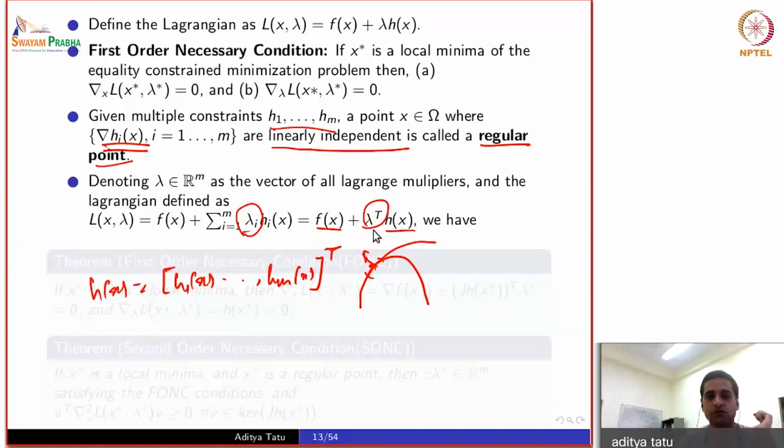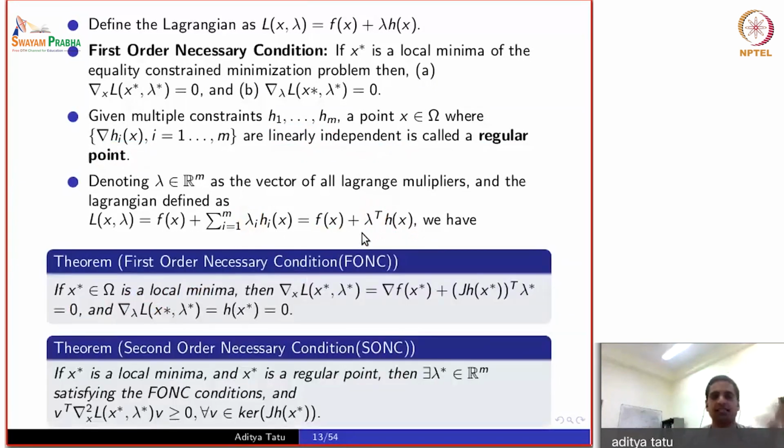This lambda transpose would be a row vector. Then we just have the same thing in general. First order necessary condition: if x star belonging to omega is a local minima, then it has to satisfy these two conditions, which are just a generalization of what we saw over here.